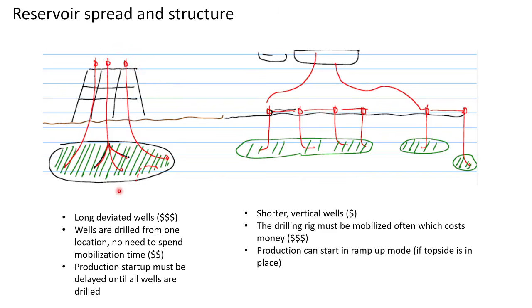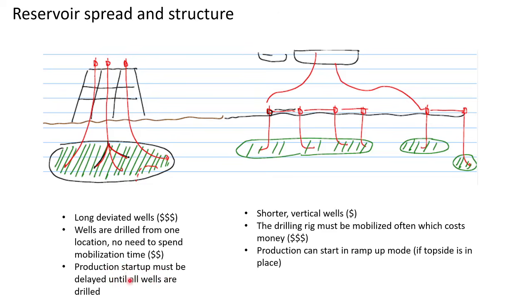In this case, some comments: these are long deviated wells, which are more expensive. Wells are drilled from one location, so you don't need to mobilize the rig. Simply the tower changes its position slightly, but they are essentially not moving much, only a few meters.